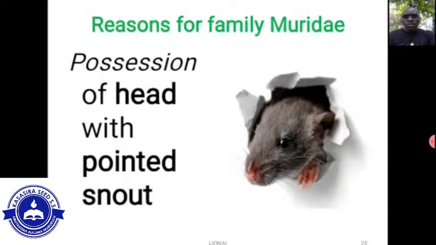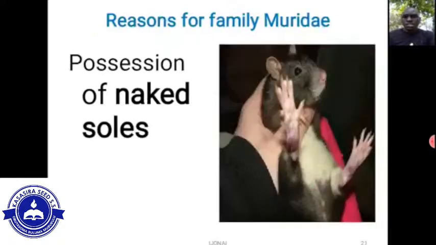So you can see the reasons for family Muridae. The head is pointed with a snout, as you can see, it can even penetrate soft surfaces, and that enables it to dig burrows in the soil. Then possession of naked soles: the lower part of the feet does not have hair, and that part is the sole.